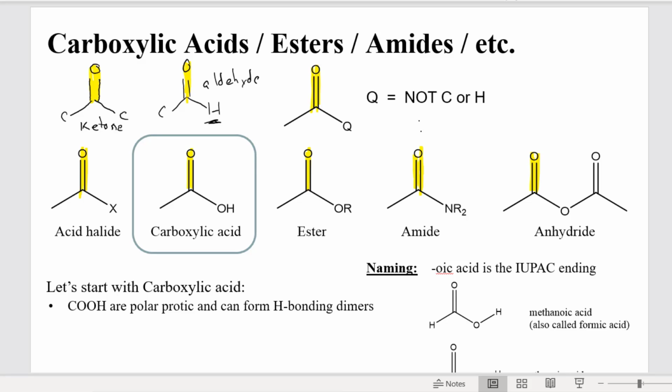Why we end up grouping all of these carboxylic acids and their derivatives together is because the atom flanking the carbonyl is not a carbon or hydrogen. So if you look at every case, there could be a halogen or an OH or an OR or an NR2 or an NH2 or another oxygen, where you can look at this whole thing.